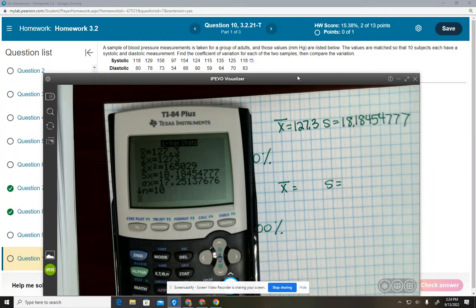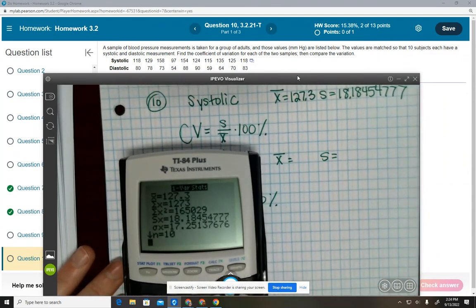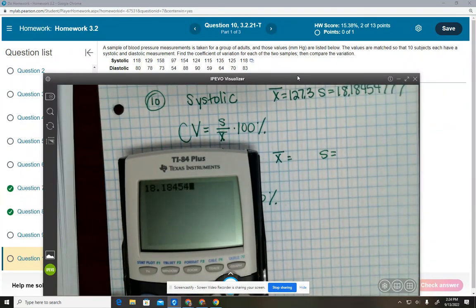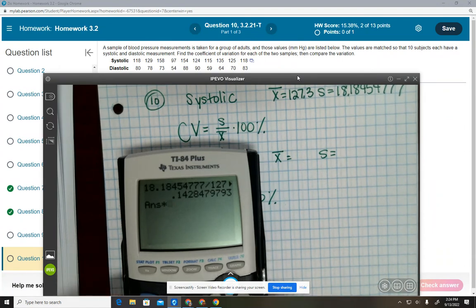You're not supposed to round to the very end. So in order to find my CV, I am going to do S, so 18.18 divided by 127.3. And then times 100%. So really I'm moving my decimal over.